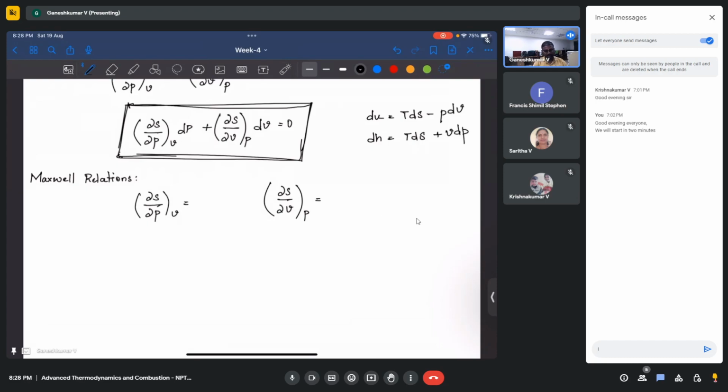I think this is right. So the problem is in chemical reactions, we can't use it. Is that what you're telling? Yes, one of the statements was that TDS equations cannot be used when there is a chemical reaction.